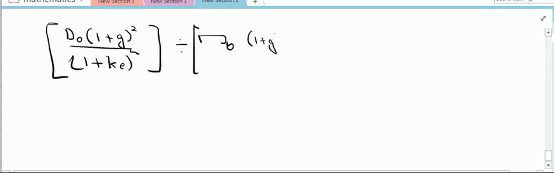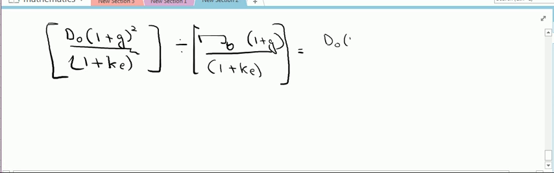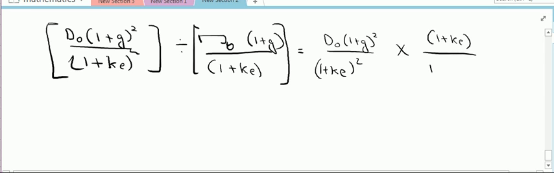(1 plus g) divided by (1 plus ke), and I can solve it as d0 (1 plus g) square over (1 plus ke) square, divide turned into multiply, and therefore (1 plus ke) divided by d0 (1 plus g).